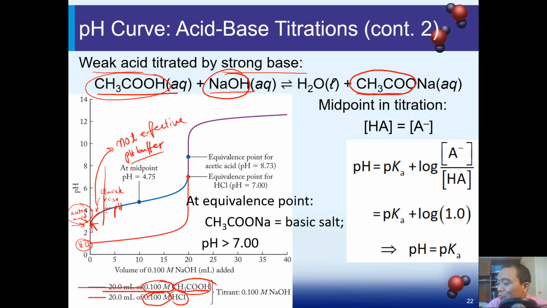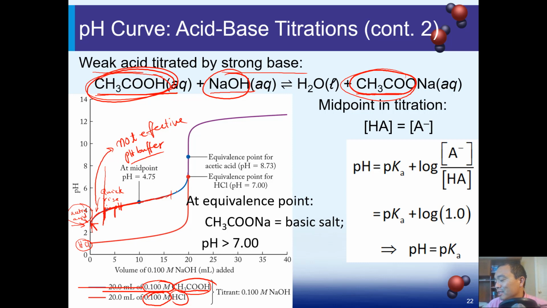But as more and more weak acid is consumed, you generate more and more conjugate base. So in this range, as you can see over here, you have an effective pH buffer being established. That's why the pH increase slowed down.